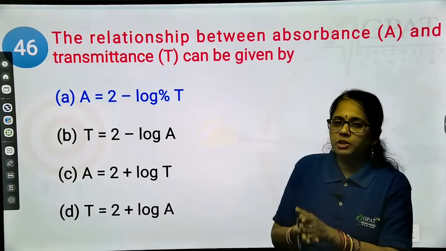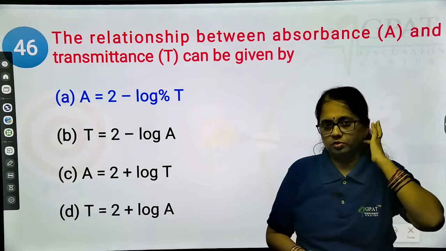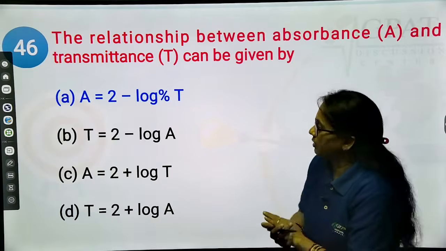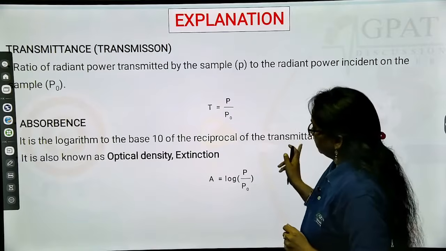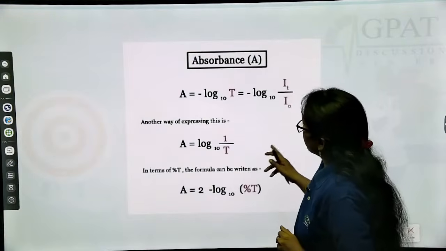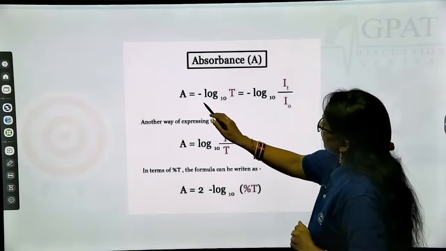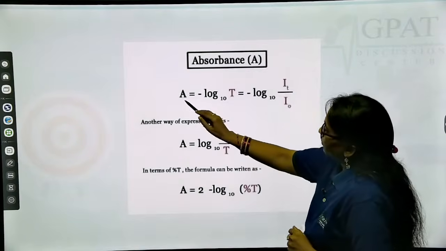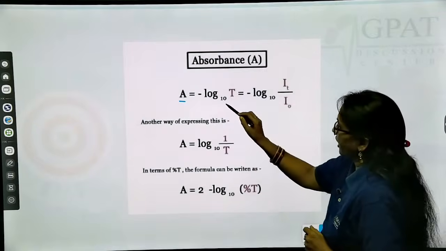So, if transmittance is low, absorbance is more. All the light has been absorbed by the particles. So, this is the correct relation between absorbance and transmittance. We know some of the other formulas also. Generally, we express absorbance A equal to minus logarithm of T to the base 10.